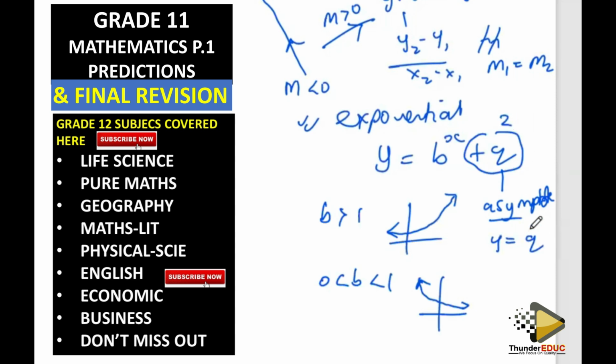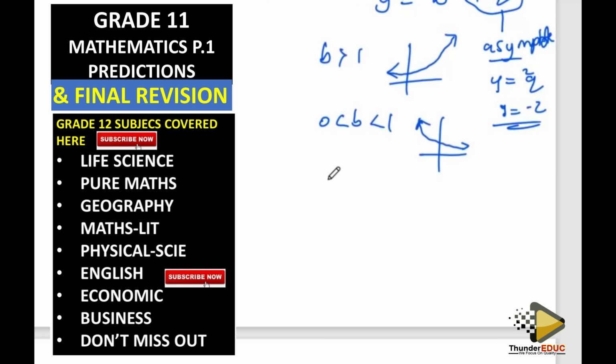If this is a 2, then y is equal to 2. If this is a -2, then y is equal to -2 will be the equation of that asymptote. Remember, an asymptote is a line that the graph should never cut. That is to do with the exponential. When you talk about domain, x is an element of real numbers, and the range must always be greater than the asymptote. Intercepts follow the same format we said.